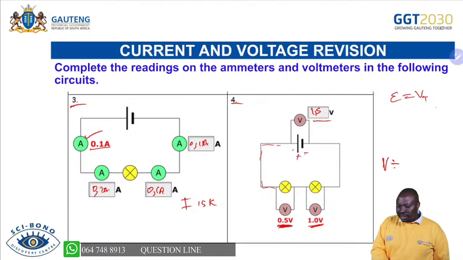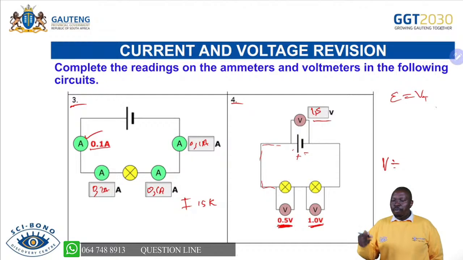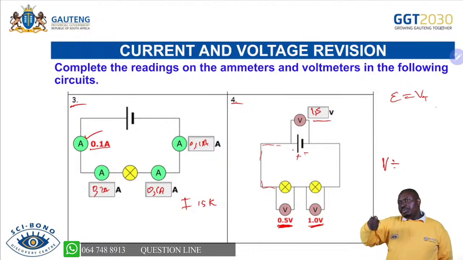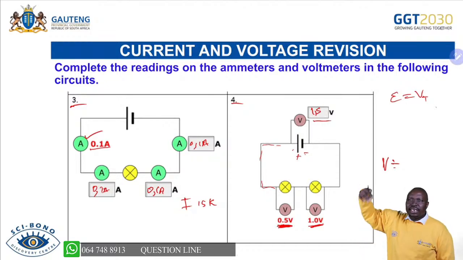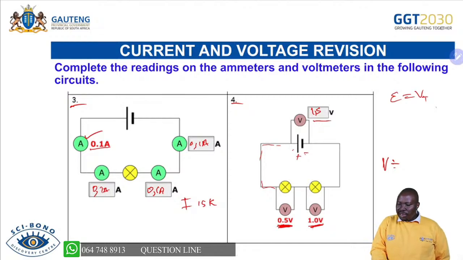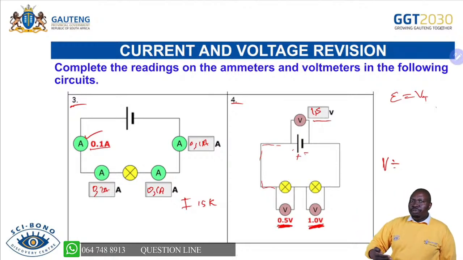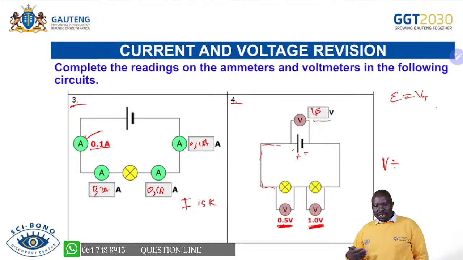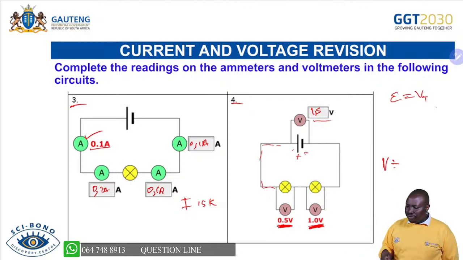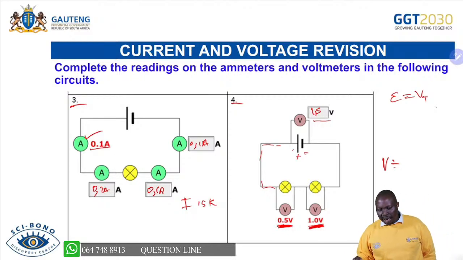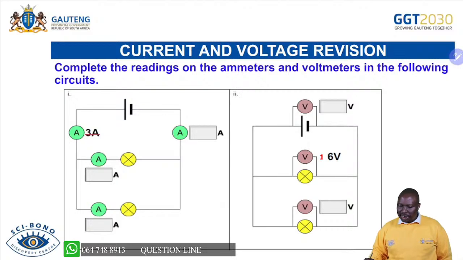Because when the resistance is lower, you will give less potential difference. So more energy, more work will be done when you have the highest resistance. Hence, here you are giving one volt, which means the resistance is high. Which means when the resistance is high, more energy will be done in order for the charges to be able to move. I hope we are moving together, and you will forever enjoy this circuit diagram.